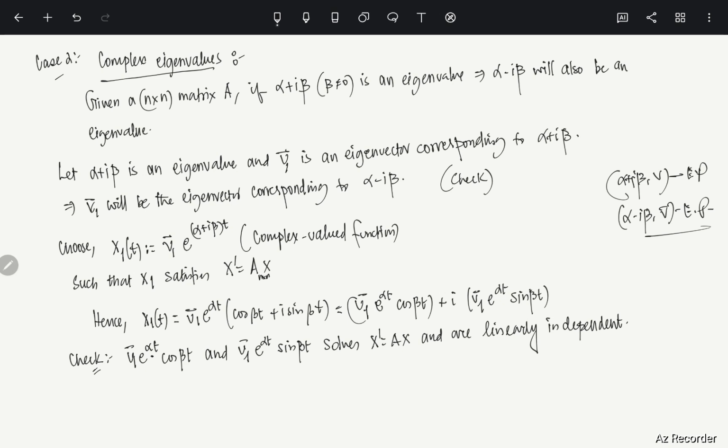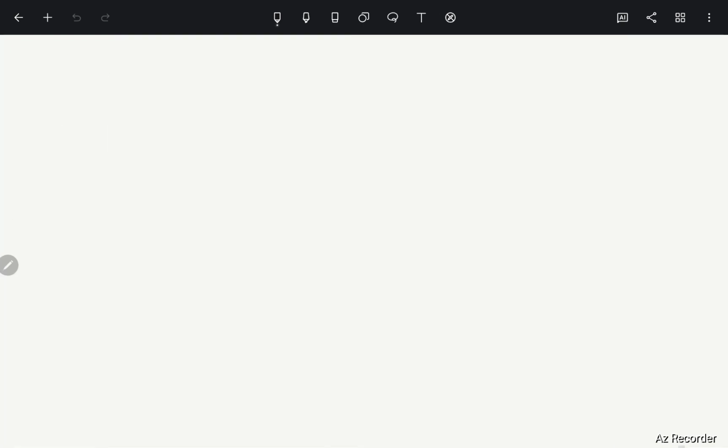Okay, so now once you check this part, we have this theorem. Theorem: let A be an n cross n real constant matrix.